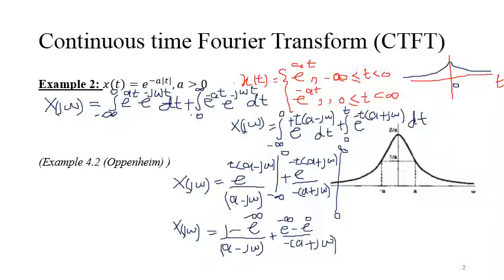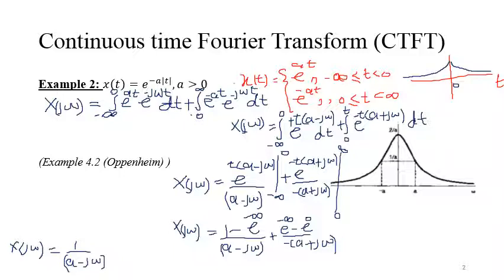So on simplifying this, I'll get x of j omega equal to, e power minus infinity is basically 0, so I get 1 over a minus j omega, and then e power minus infinity is basically 0 and e power 0 is 1, so 0 minus 1 is minus 1.